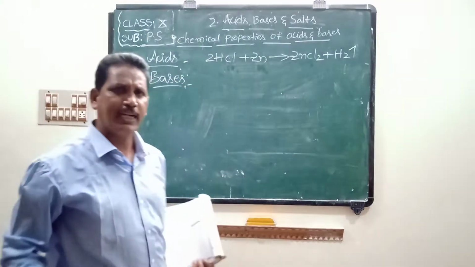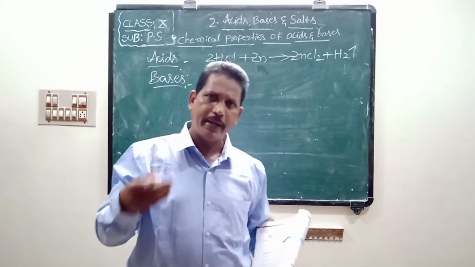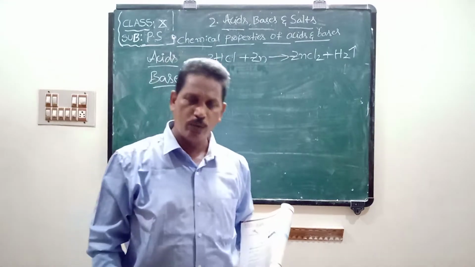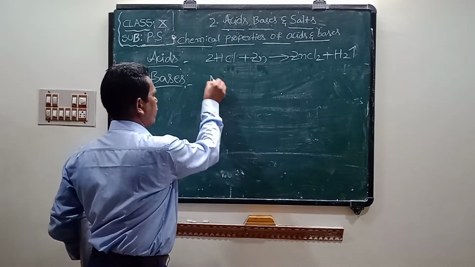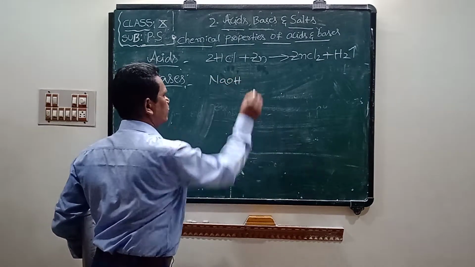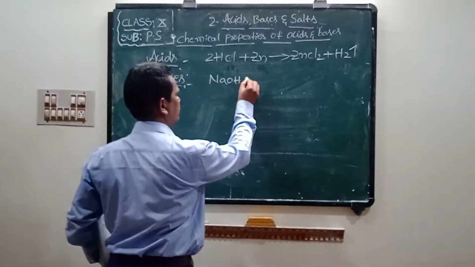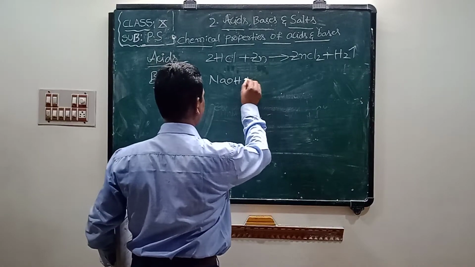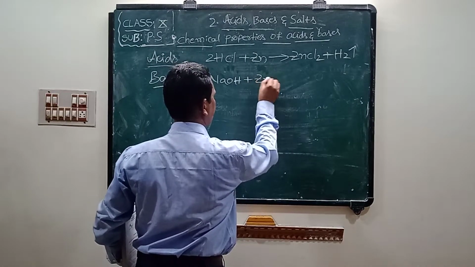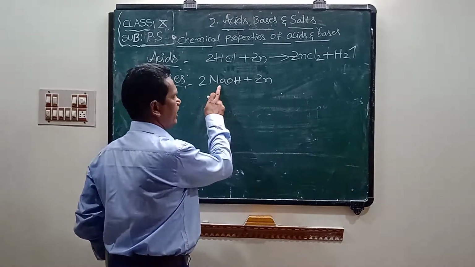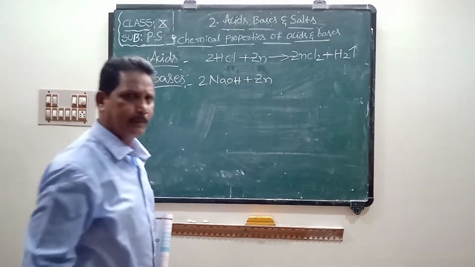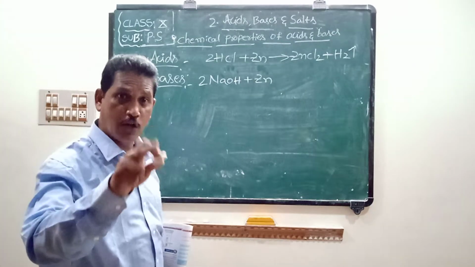Bases also react with metals to liberate hydrogen gas. For example, NaOH, sodium hydroxide, plus Zn. Two molecules of sodium hydroxide react with zinc metal. NaOH is a strong base.